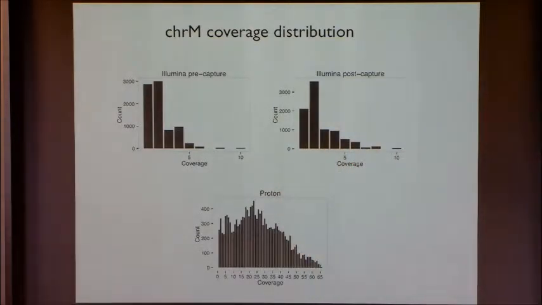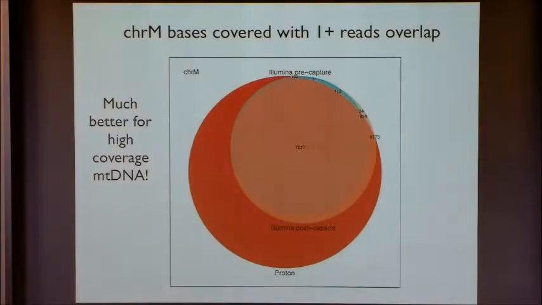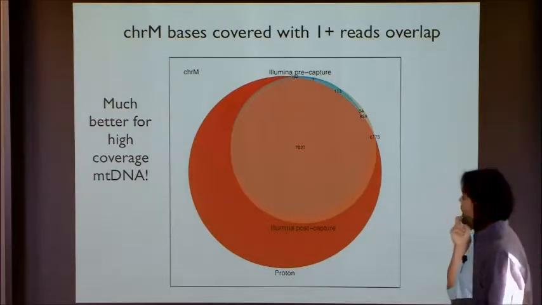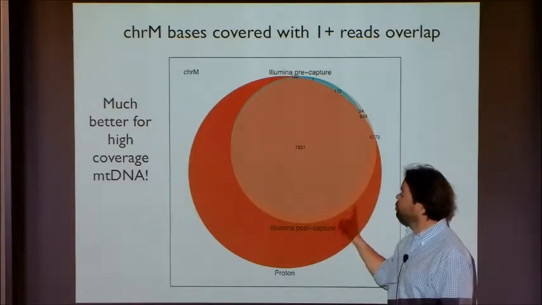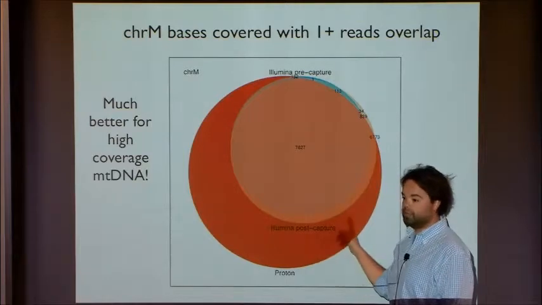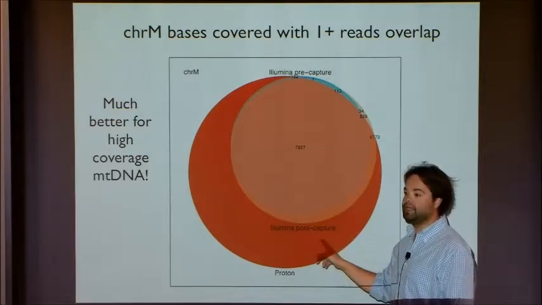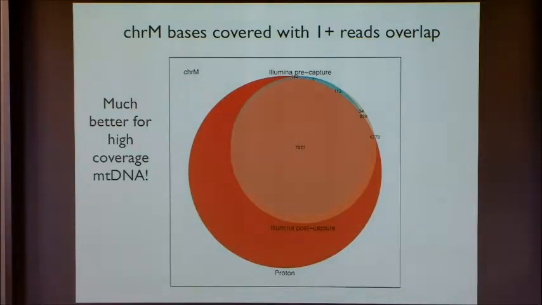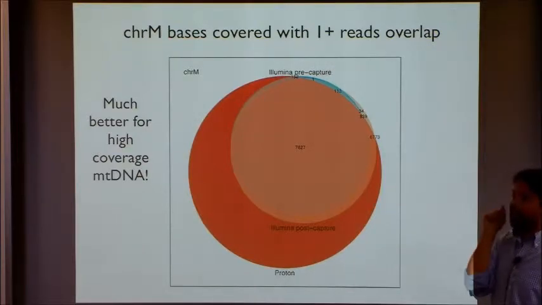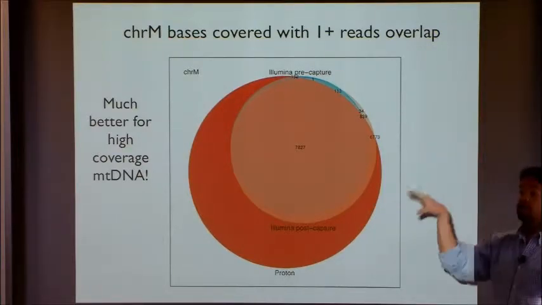And this is some of the data, literally just coming in, and I want to thank Martin and Meredith. I actually view this as potentially positive, namely that if you look at where we're able to map pre and post capture and with the proton data, we're getting quite decent coverage in all 3 data sets of the mito from the whole genome capture, right?